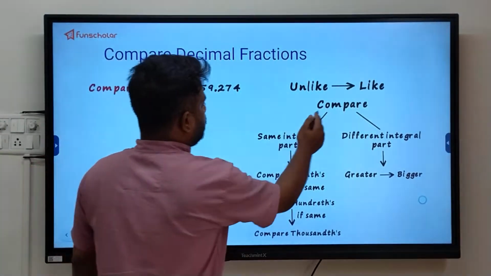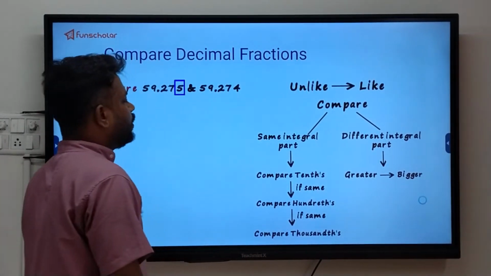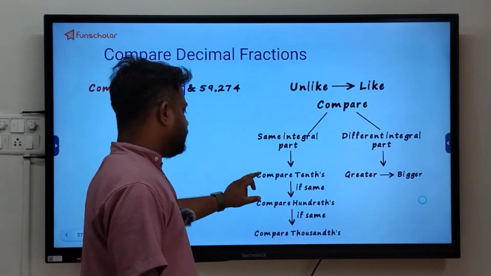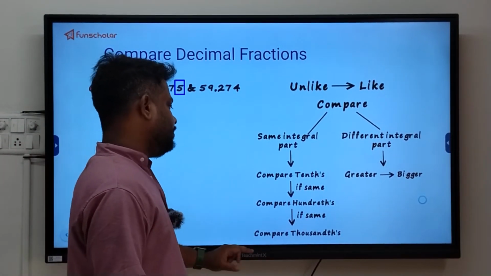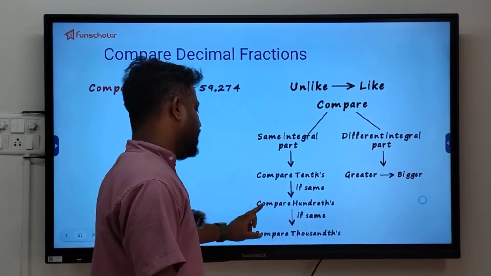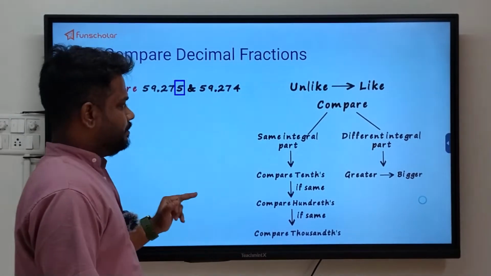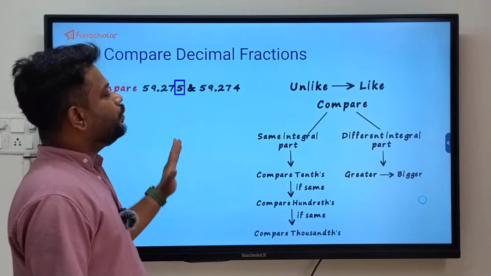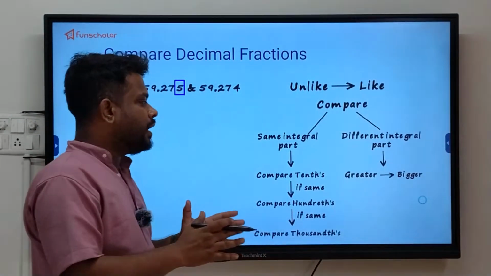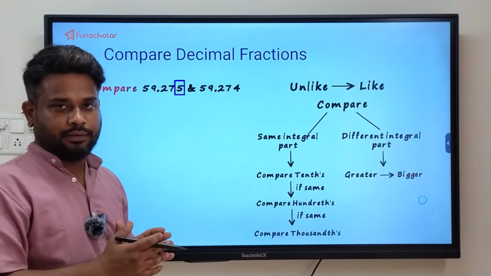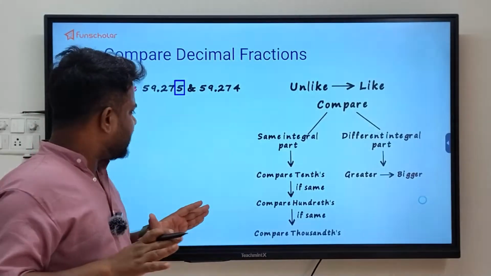So in comparison, what are we using? Compare the integral parts; compare 10th if same, compare 100th if same, and compare 1000th if same. Then we will differentiate to find which is greater. Do you understand it?